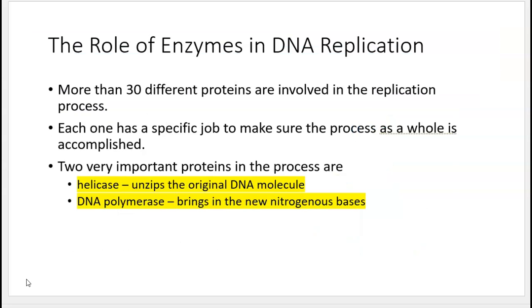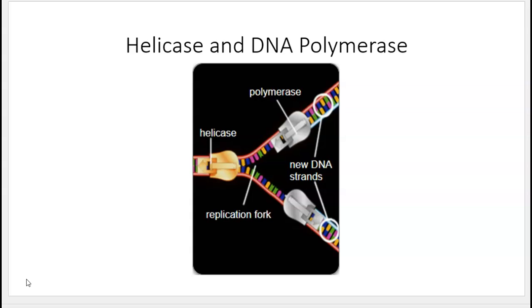When DNA is replicating, it doesn't do it by itself. There are enzymes that come in and help it replicate. There's more than 30 different proteins involved in the DNA replication process. Each one has a specific job to make sure that the process as a whole is accomplished. And 2 very important proteins in the process are helicase, which unzips the original DNA molecule, and DNA polymerase, which is the one that brings in the new nitrogenous bases.